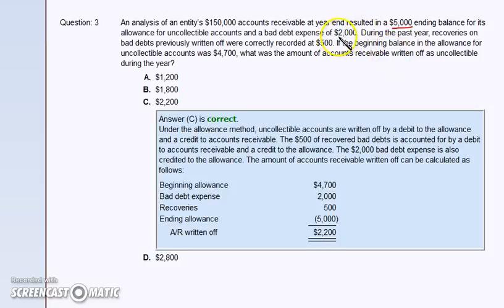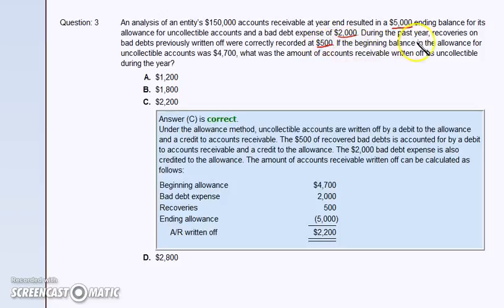Okay, so $2,000 happens to be the bad debt expense. During the past year, recoveries on bad debts previously written off were correctly recorded at $500, right? So previously there were some bad debts, but now out of these bad debts, $500 happens to be collected.